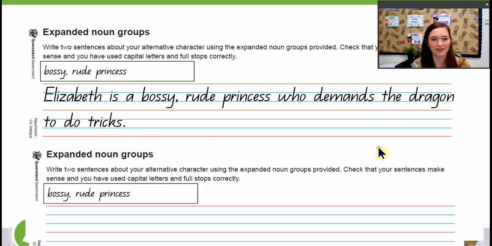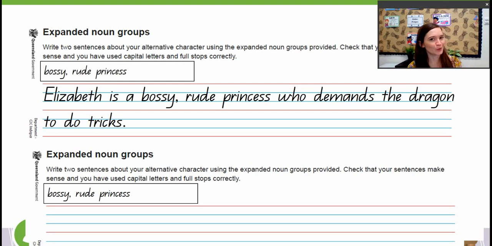Okay, let's have another look at how else you could write that sentence. So I've got to use bossy, rude princess again. I don't want to start my sentence the same way. I'm trying to change it up. So here I've started the sentence with Elizabeth is. How else could I start my sentence? Think about our wow words and our openers, our VCOP posters in our room.